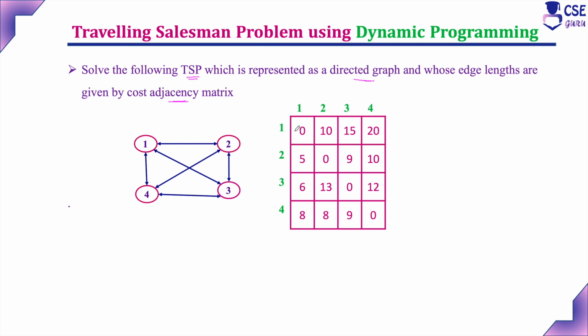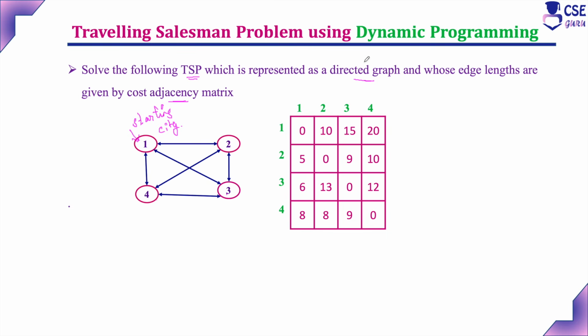First, we consider 1 as the starting city. From that starting city, visit all other vertices, these 3 vertices in any order, check all the combinations, and come back to the starting city. That we are going to implement with the dynamic programming approach.